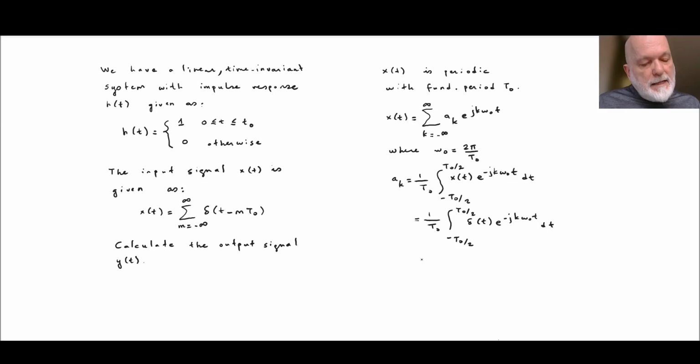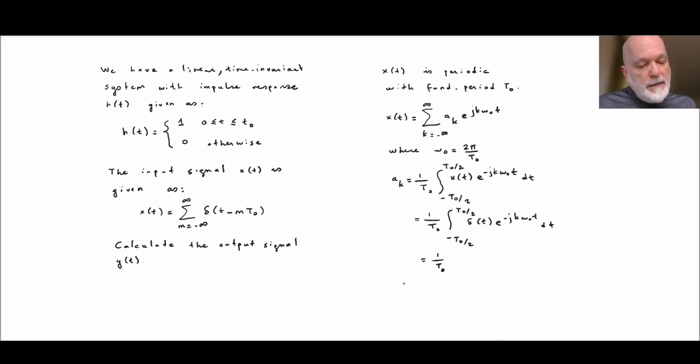Now, by using the sampling property of the impulse, the integral becomes 1 because it just samples the value of e to minus jk omega 0 t at t equal to 0, the instant the impulse strikes, and the result is 1 over T0.